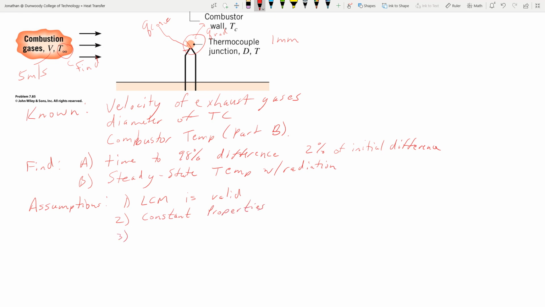Three, say no conduction on through leads. So these little wires are not conducting significant heat out to change our temperature at the junction. And we're going to assume that we have radiation active in part B.